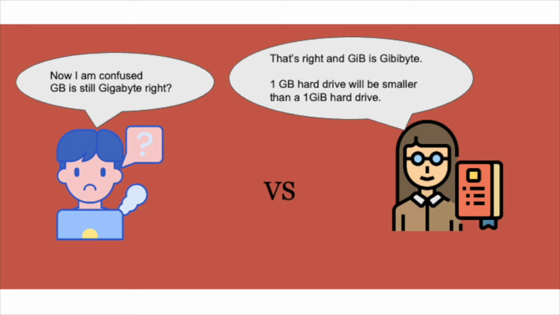The amateur says, well, now I am confused. GB is still gigabyte, right? And the expert says, well, yes, that's right. However, GiB is gibibyte. And a 1 GB hard drive will be smaller than a 1 GiB hard drive, because there's a lot more space in the gibibyte version, which is based on base 2 and is a binary prefix because it operates to 2 to the power of something rather than 10 to the power of something.